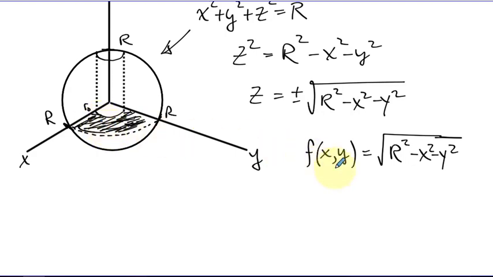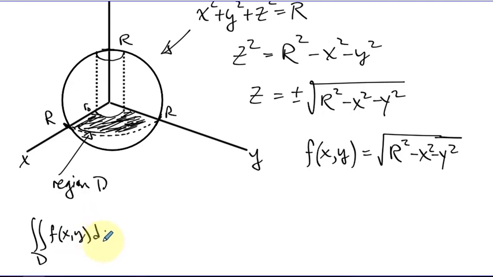So I'm going to integrate this height, which gives different z values on this surface of the sphere, for all the points in this region D. So finding volume, I can integrate over region D some function of x and y with respect to the area of that region. And since the region D is easily defined in polar coordinates, we'll do that.